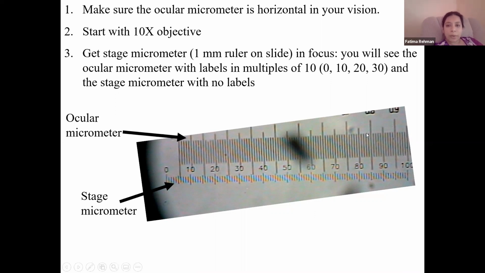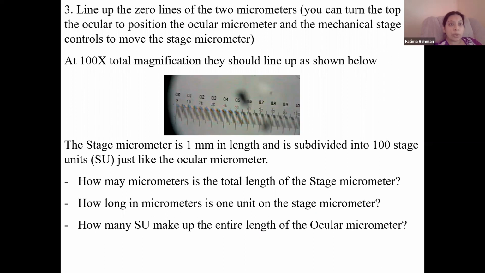So what we're going to do is know that that is the conversion factor, that each stage unit is going to be equal to 10 micrometer when we start looking at calculation. And that conversion is true regardless of the magnification. No matter which magnification we are looking at, one stage unit is always going to equal 10 micrometer.